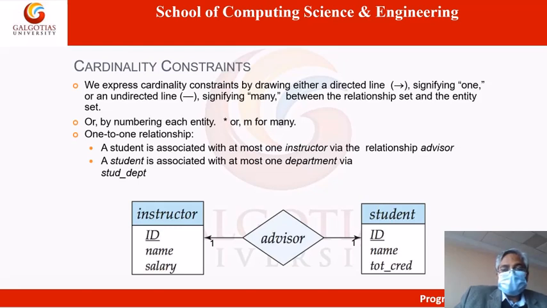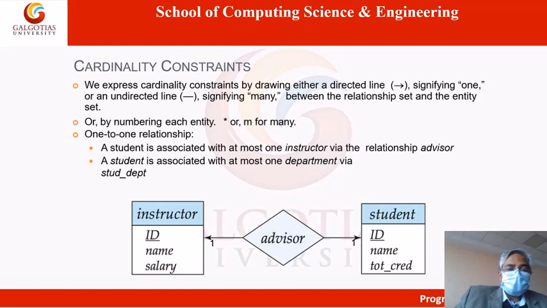So an arrow signifies one relationship, and an undirected simple line without any arrow signifies many relationship between the relationship set and entity set. Or we can also represent it by numbering each entity by star or M for many.